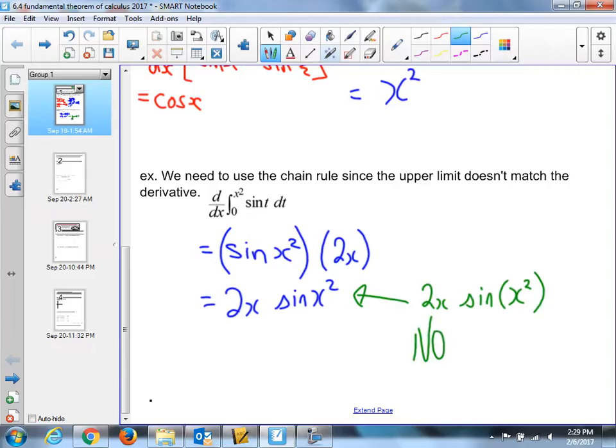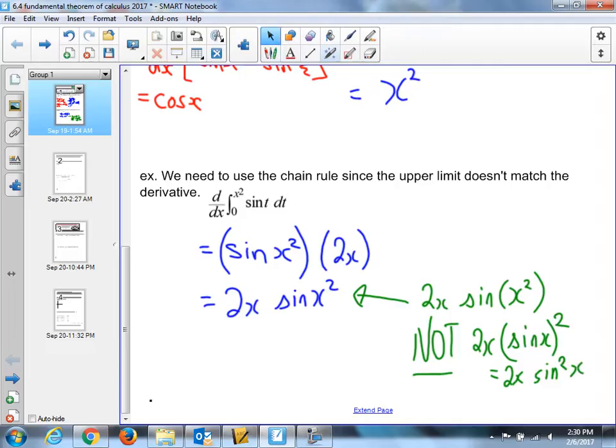This is not 2x sine of x squared, which would imply then you'd put sine squared x. That's equal to 2x sine squared x. Notation. Now, that's just a warning there. If you're clear on that, don't jot that down. But you guys see the difference? There's no brackets given. Assume this is only operating on the x squared. Okay. That's if you have to evaluate.